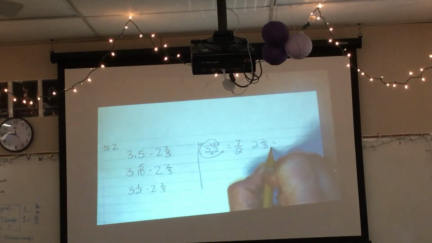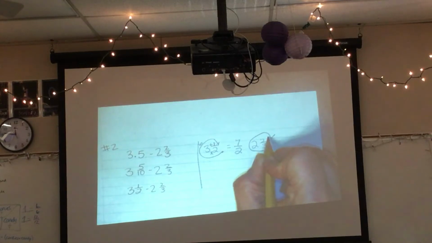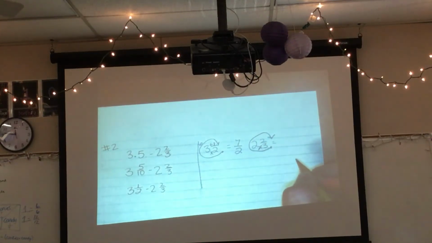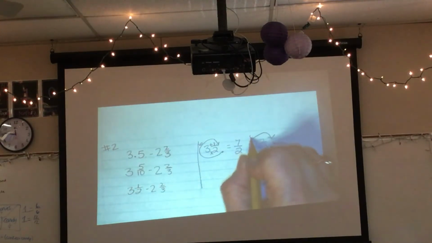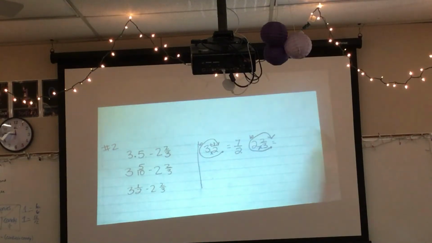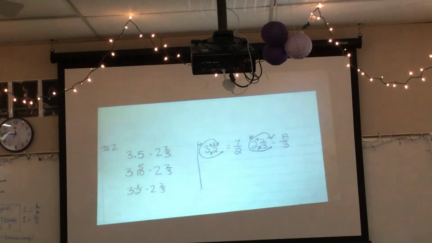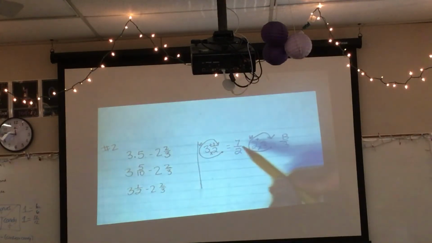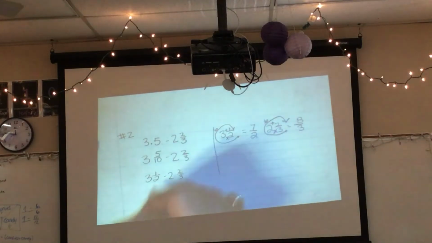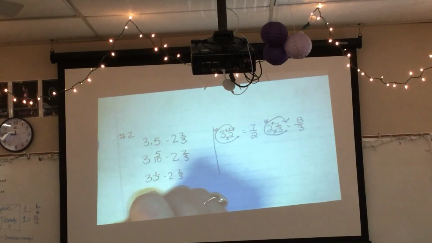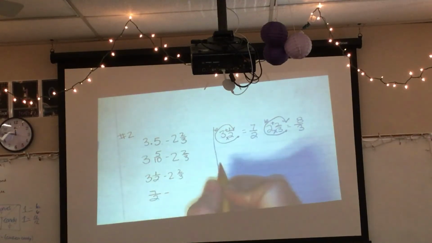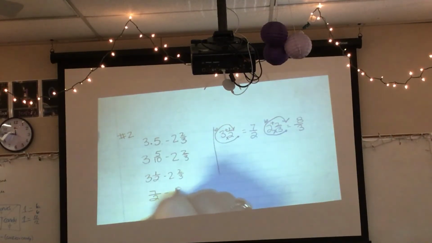Here, same steps. Denominator times whole number is 6. Take that product, add it to my numerator to get 8. My denominator is 3. Very good. I'm replacing 3 1/2 with 7/2, and 2 2/3 with 8/3.